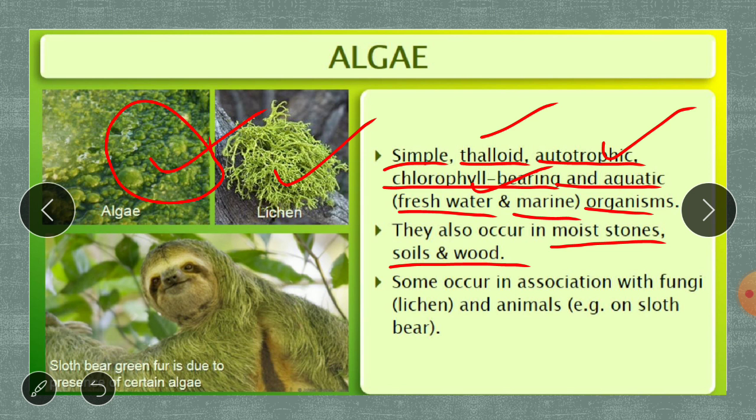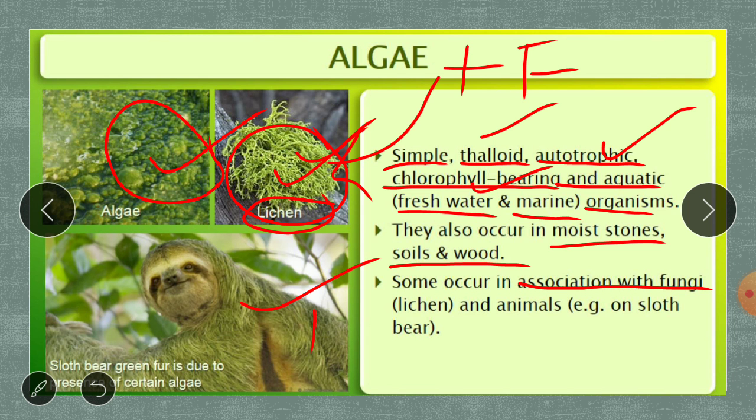In fact, some algae are also found in association with the fungi. So this one you can see is not only the algae, but algae plus fungi. When algae plus fungi are present together, it is called a lichen, and they appear something like this. Sometimes the algae are also found over other organisms, like you can see over here.